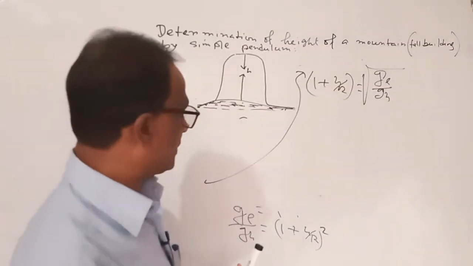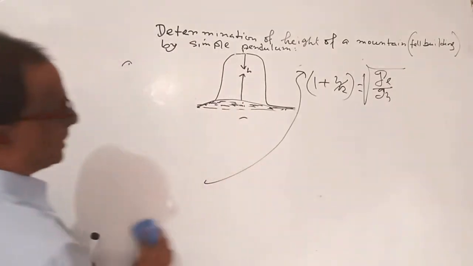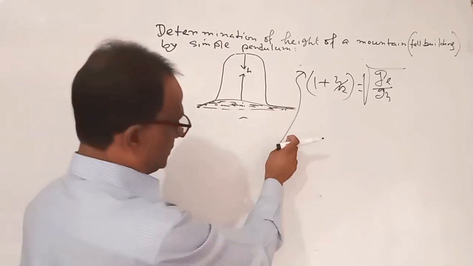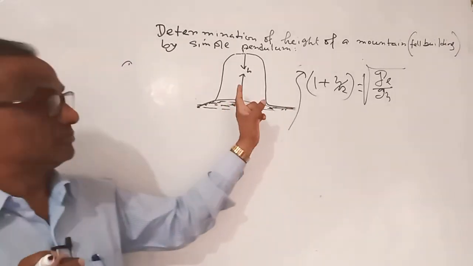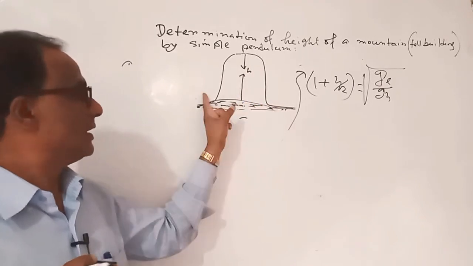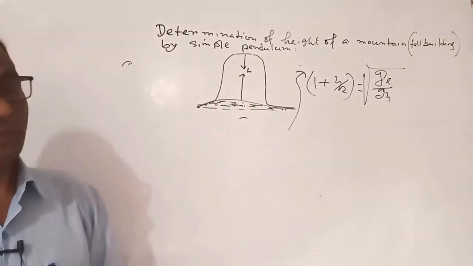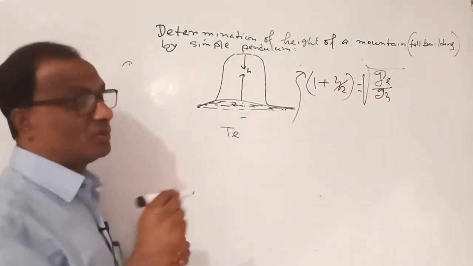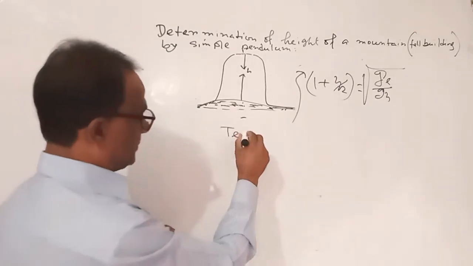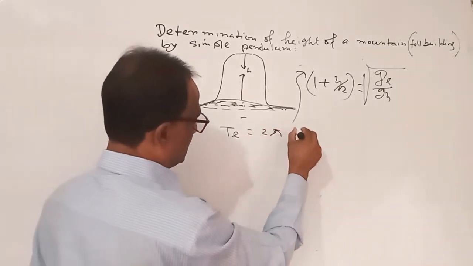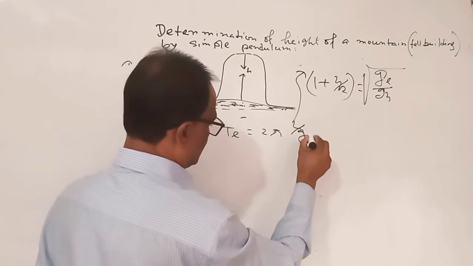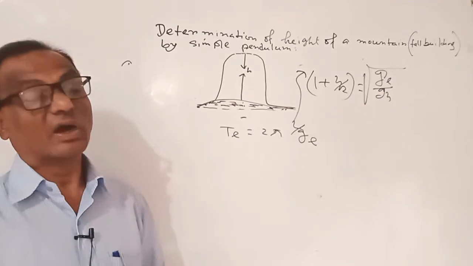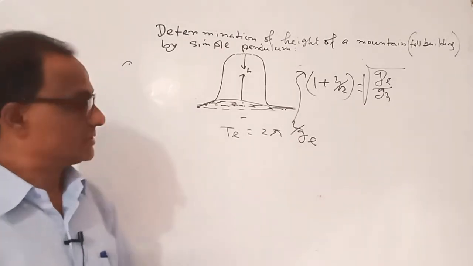Now we want to calculate the time period of the simple pendulum, that is oscillation. If we take any simple pendulum here and there, what will we have? So Te, that is the time period on the earth surface, equals 2 pi root of L by Ge, where Ge is the acceleration due to gravity on the earth surface.